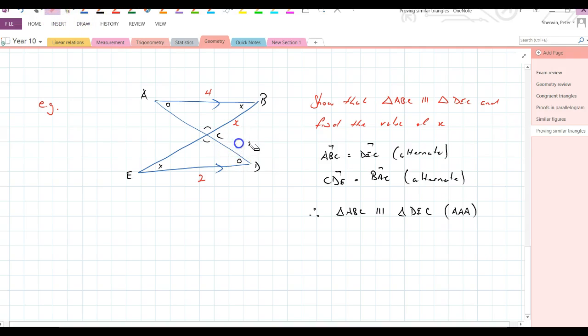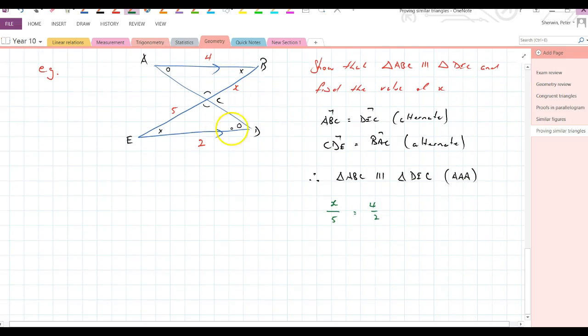So I'm going to move that 5 across to there. You can see that the X is opposite that angle there, as is the 5. So they're in corresponding positions, the X and the 5. So the X to the 5 will be equal to the AB to ED, the 4 to 2, so 4 over 2. So X over 5 will equal 4 over 2, so X will equal 5 times 4 over 2, which is equal to 10.